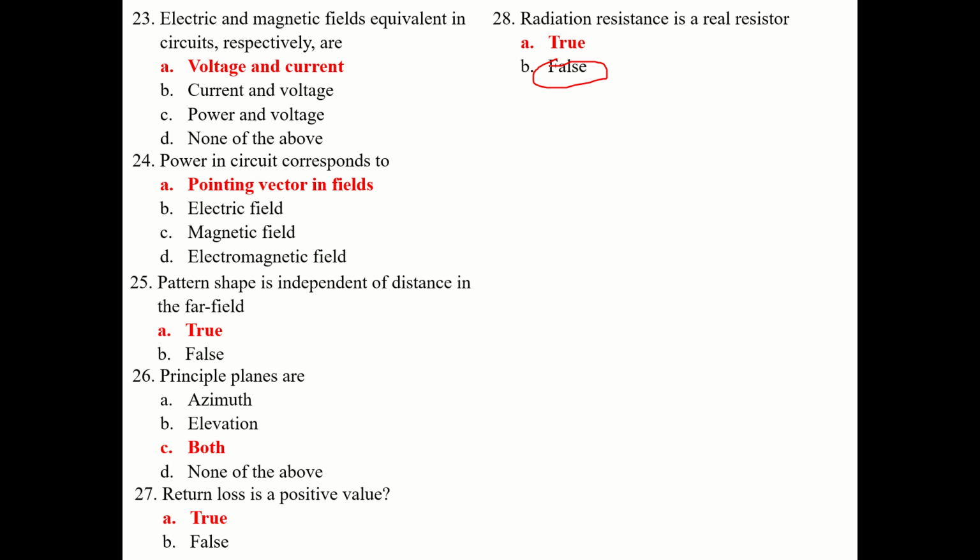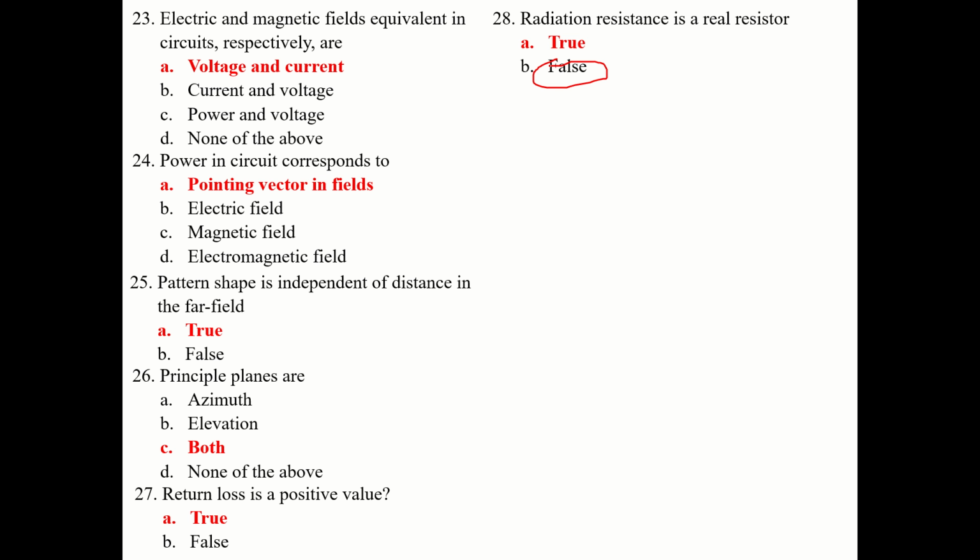An antenna has its own resistance, as it is made up of dielectric, a rod, a wire or some other kind of material. So it has resistance in it, and the resistance that is responsible for radiation is called radiation resistance.